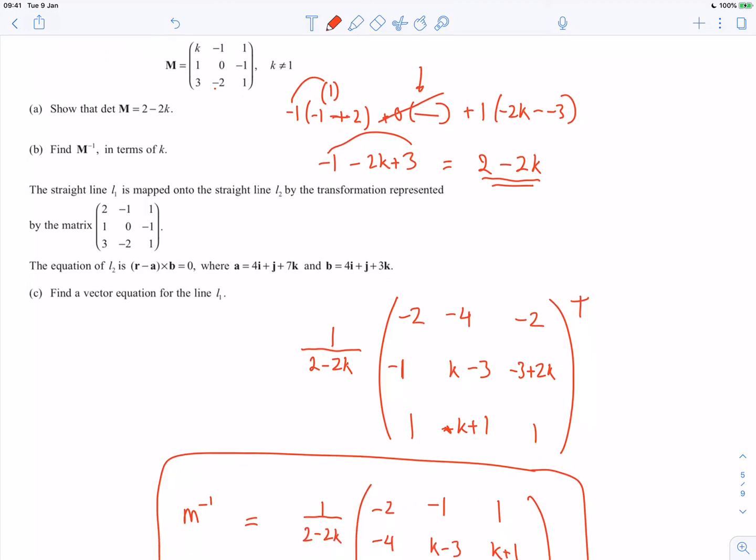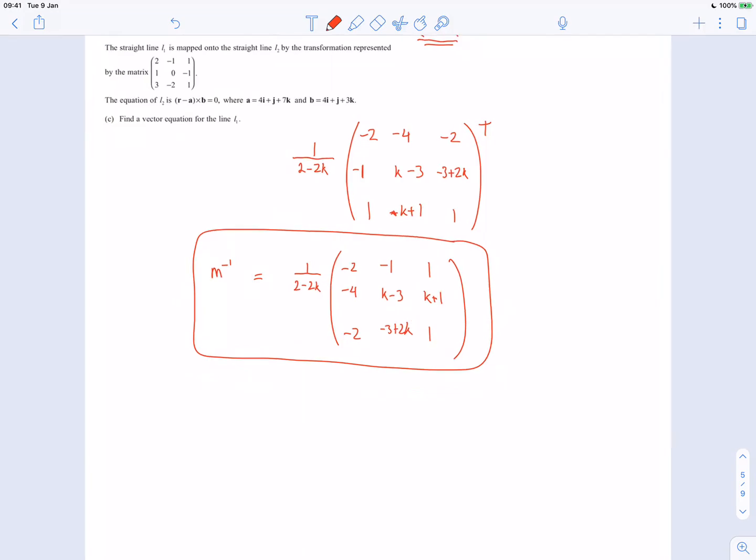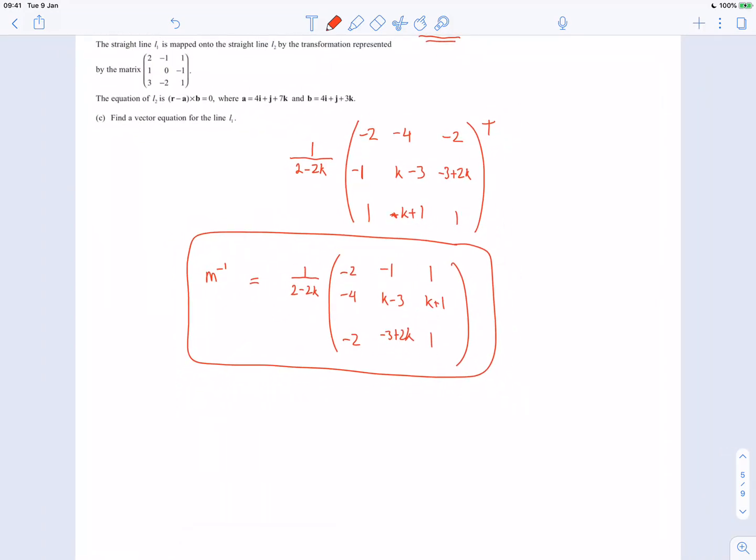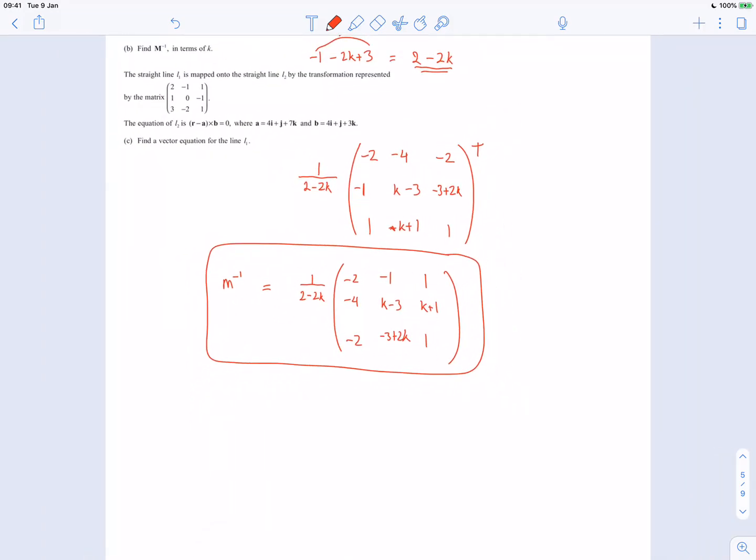This is saying if I've got a general point, the equation of L2 is a point. By the way, r could just be some point, let's call it a, b, c, and then it's plus some lambda of, what is it?